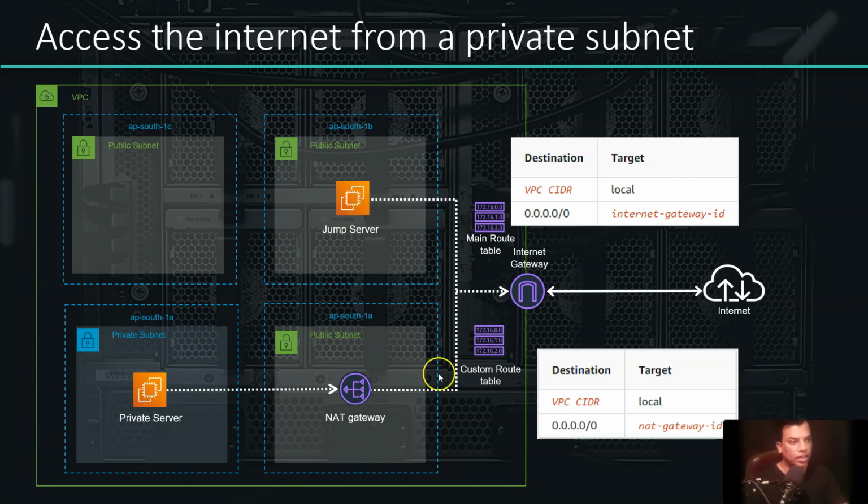So if you are trying to connect from outside, you are not able to, but if you connect to the jump server, because it is in the public subnet, you can SSH into it. And because the private server and the jump server are both in the same VPC, internally the jump server can connect to the private server. So let's move to the console and see this in action.